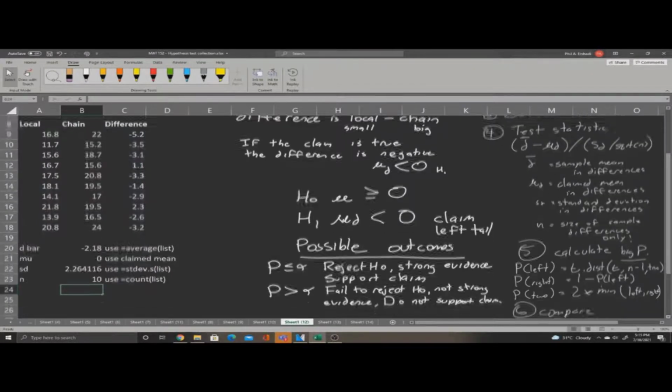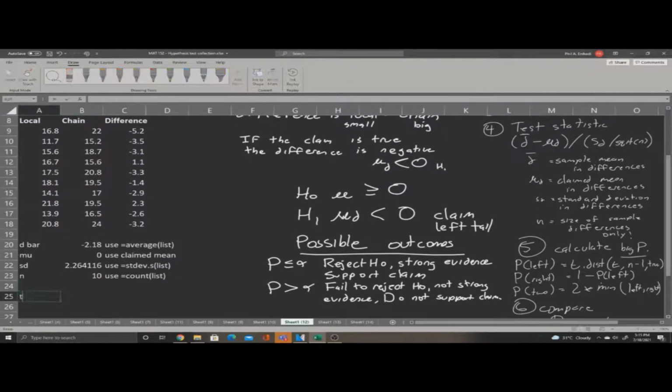Based on this, we can find our test statistic T. For this, we'll use the equation equals d bar subtract mu divide by parentheses SD divided by square root of n. Close the parentheses twice, and we get our test statistic.